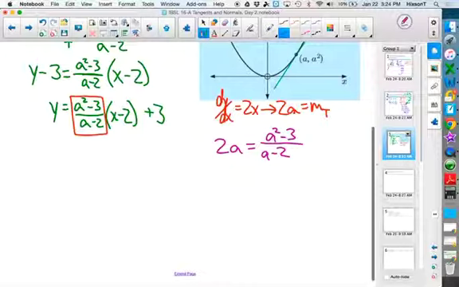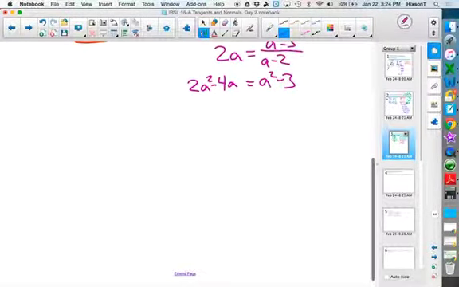And all I have to do now is solve that equation. So 2A squared minus 4A is going to equal A squared minus 3. I've got a quadratic equation, A squared minus 4A plus 3 equals 0.